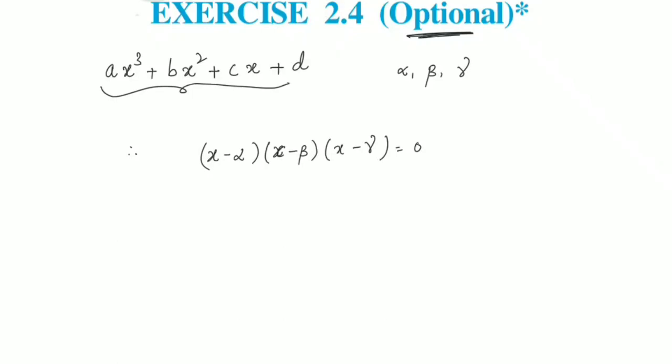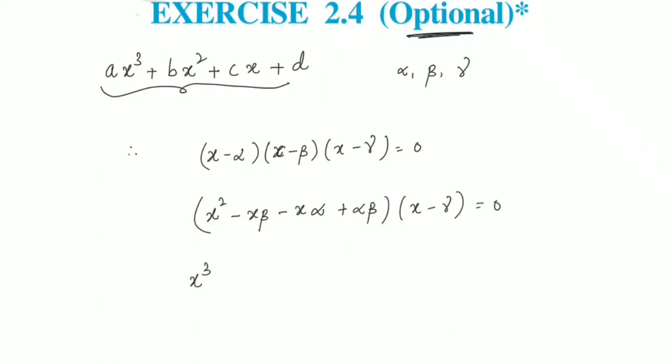Multiply it first: x square minus x beta minus x alpha plus alpha beta, into x minus gamma, is equal to 0.